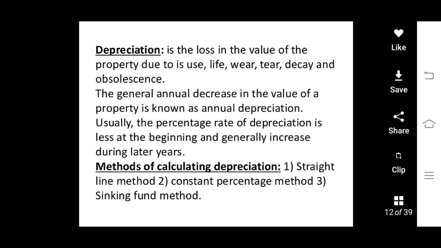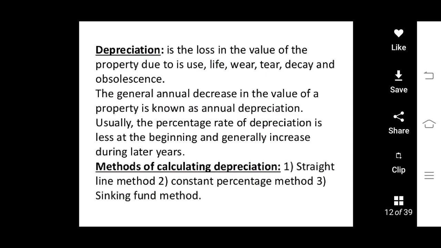Before detailing the various methods of valuation, there are some terms which are useful for the valuation process. First one is depreciation. Depreciation is the loss in the value of the property due to its use, life, wear and tear, decay, and obsolescence.